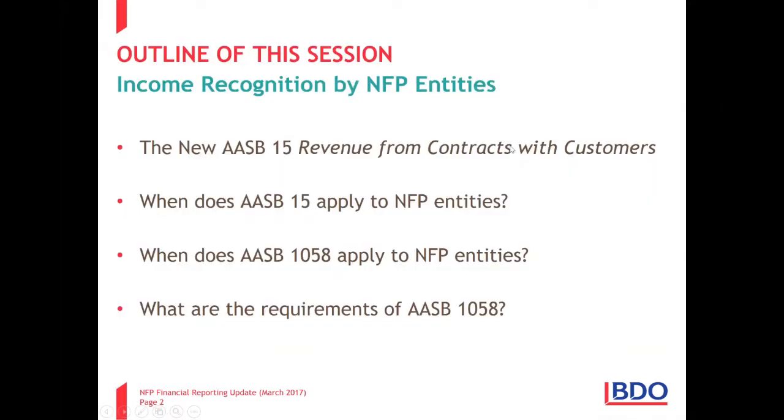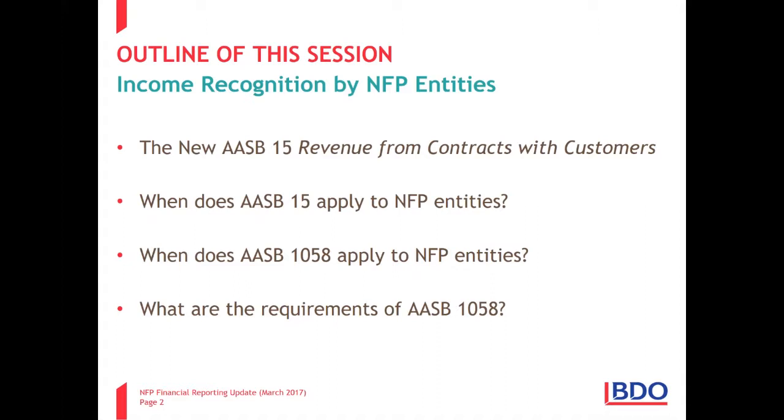So the outline of this session, we focus on income recognition by not-for-profit entities, but I've divided the presentation really in four sections. We'll start off by looking at the new AASB 15, revenue from contracts with customers, which initially has been developed by the International Accounting Standards Board and the Australian Accounting Standards Board for for-profit private sector entities.